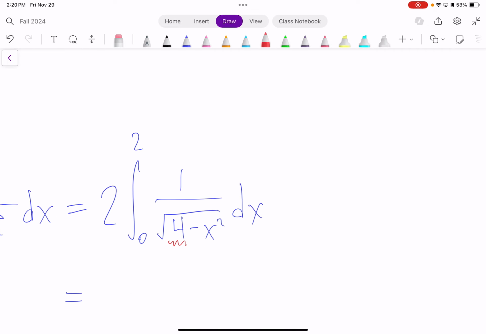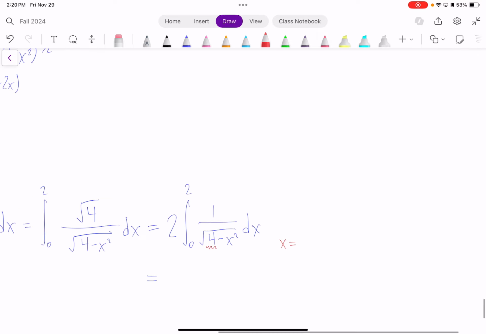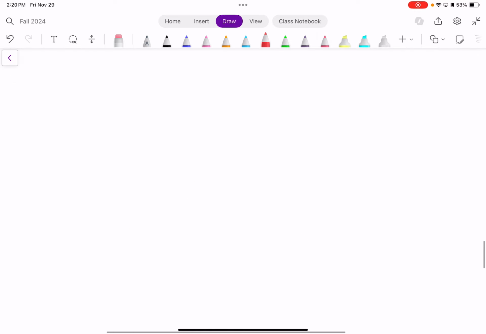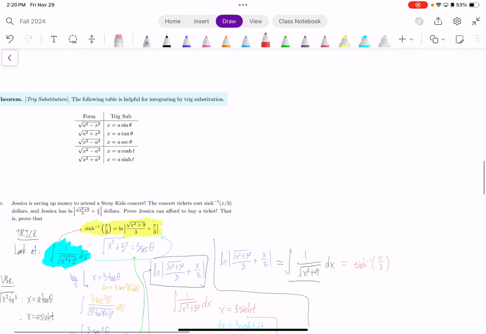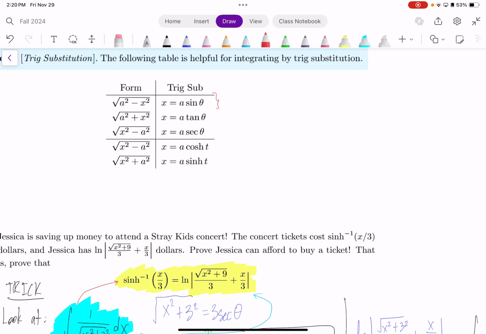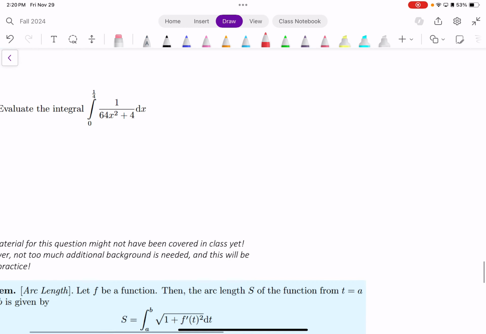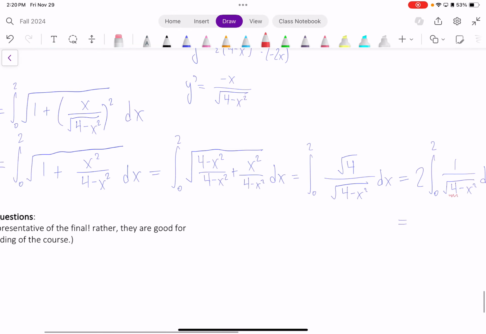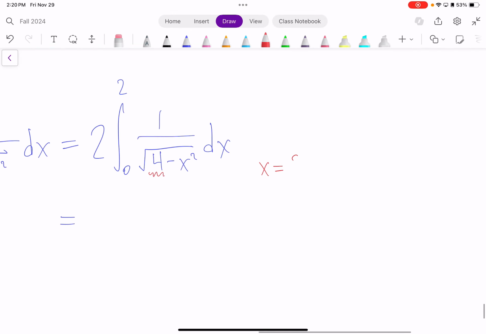So let's do a really quick substitution. Let's use our trig substitution table. If we use this table, we know we have an a squared minus x squared, so we'll set x equal to a sine of theta. Here, let's set x equal to 2 sine of theta.